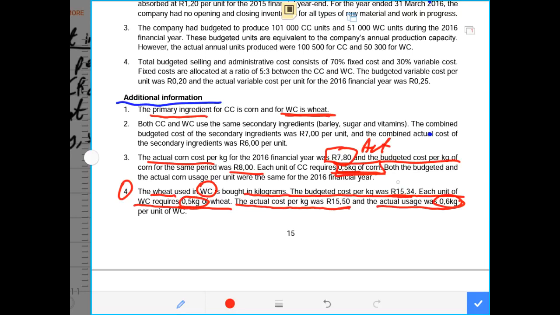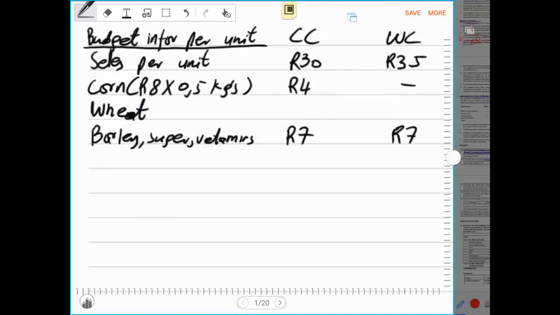Cost per unit will be the cost per kg times the number of kgs that are required to complete 1 unit of wheat. So now this will be 15 rand 34 cents times 0.5 kgs per unit.